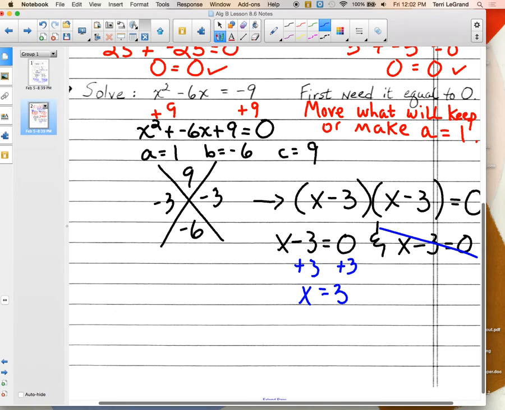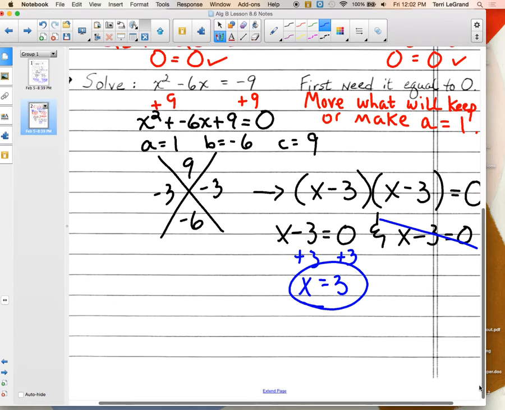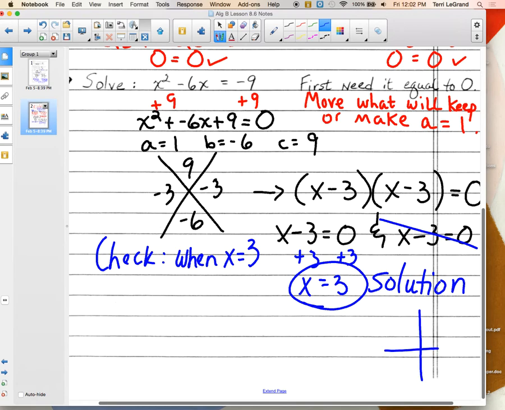So how many solutions do we have to check? Only one. We only need to check when x equals 3. So here's our solution: one solution, 1, 0. This is a parabola opening up on the x-axis right here.